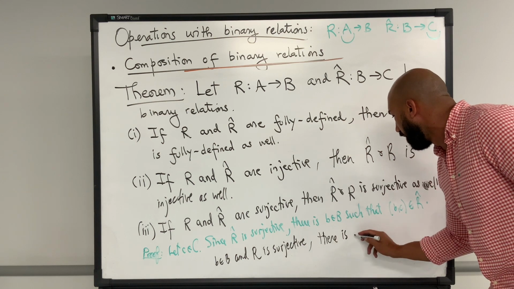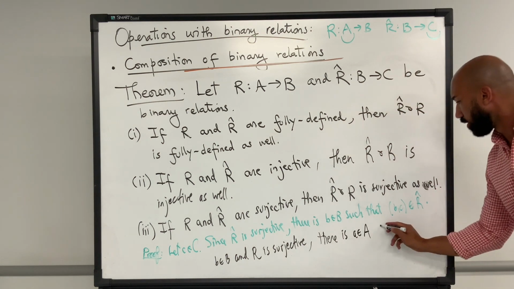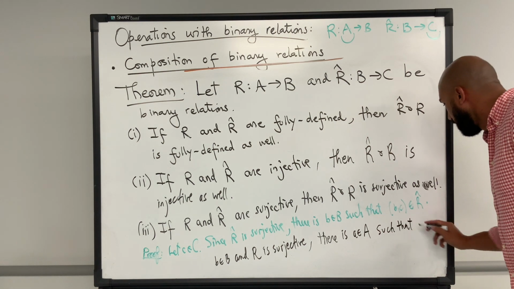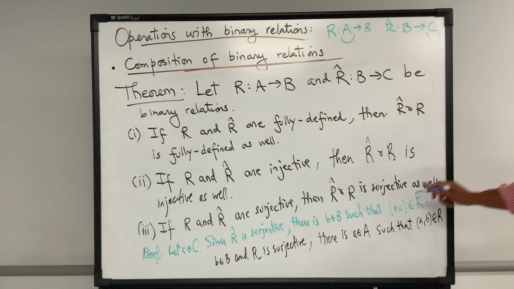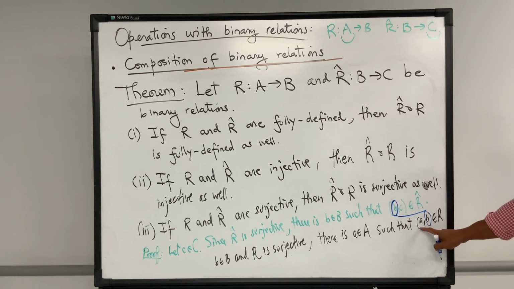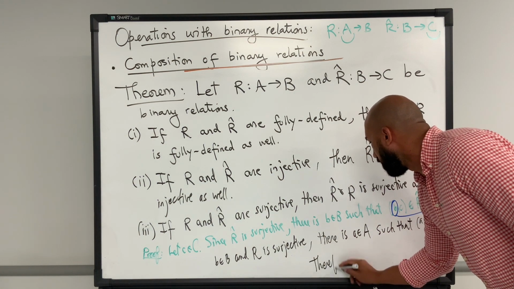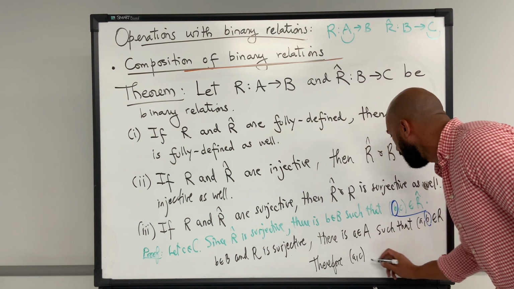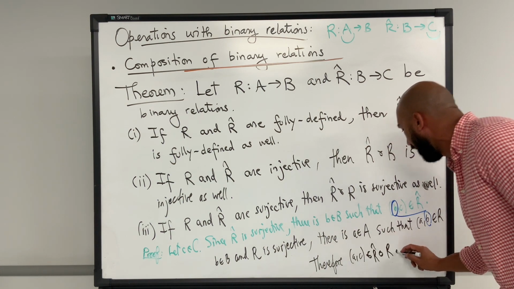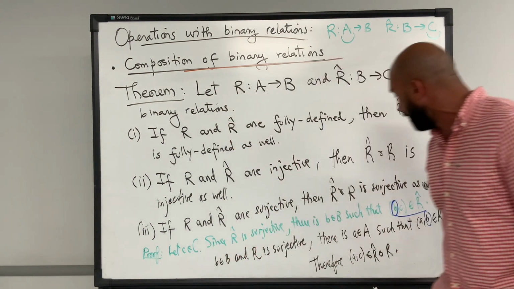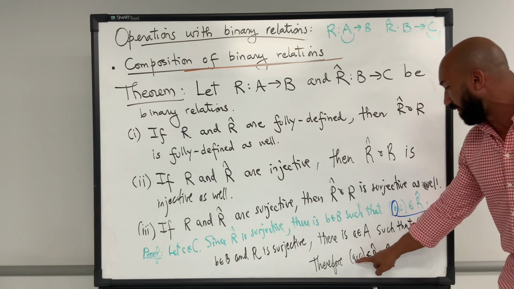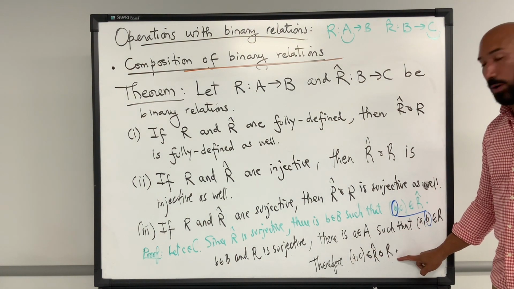So there is an element A in the set A such that AB is in R. But this is the same B. So AB, BC, with B serving as a link for A and C. Therefore, AC is in R composite R hat, which means now that for every element C in the set C, we can find an element A in the set A such that AC is a pair in the composite relation.